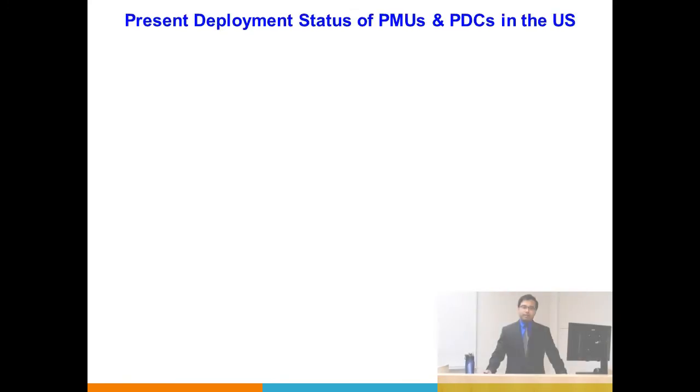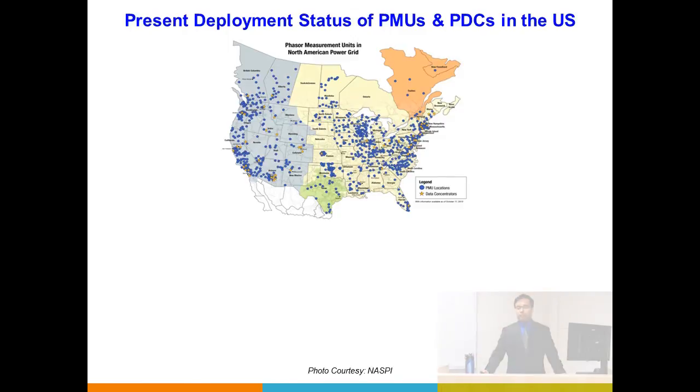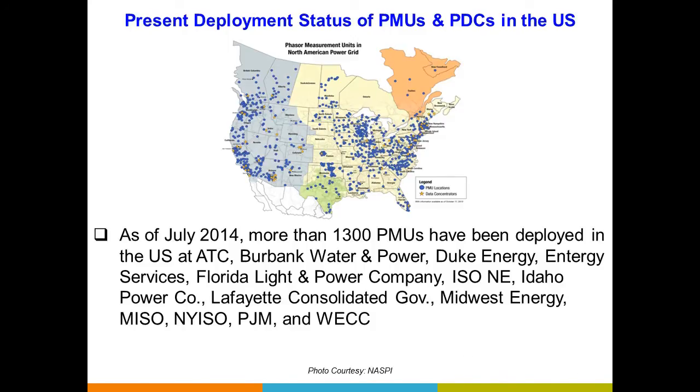So now let's see the present deployment status of PMUs and PDCs in the US power systems. If you see this map, you can see that the blue dots show the location of the PMUs in the different power systems, and the yellow stars show the locations of the PDCs in the power systems. So it turns out that as of July 2014, there are more than 1300 PMUs that have been deployed in the US power systems.